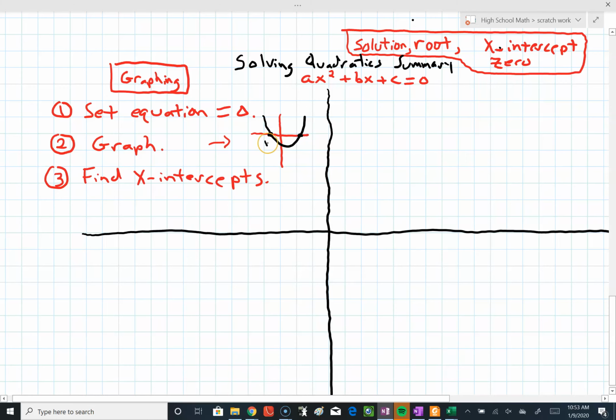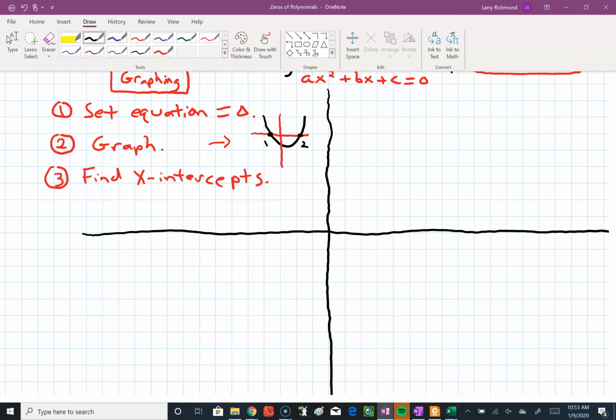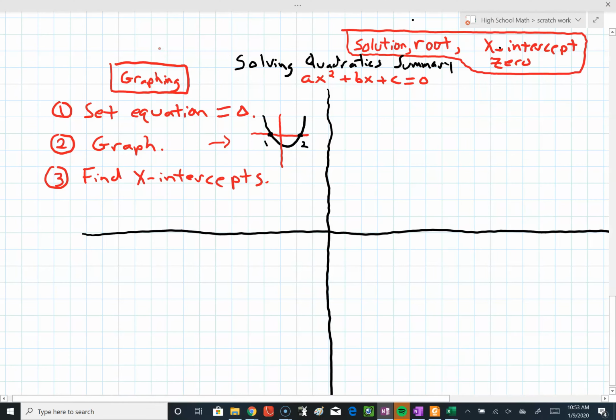Oftentimes there's going to be 2 of them. If the vertex is on the x-axis, there would be one solution, and if there are no X-intercepts, there would be no real solutions. We would have our imaginary solutions. And then the last step on all of these will be to check the solutions.